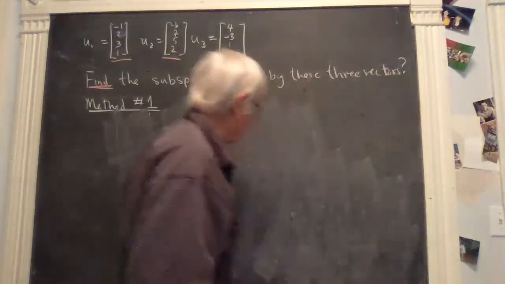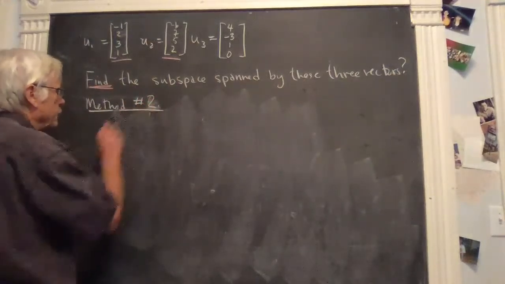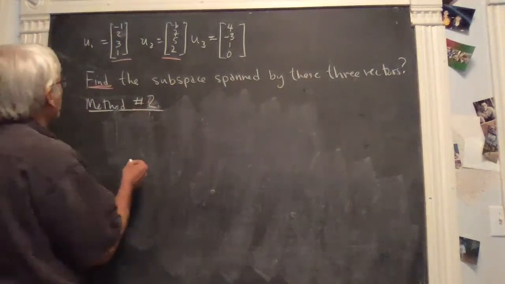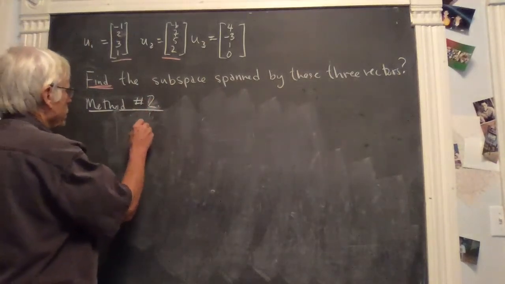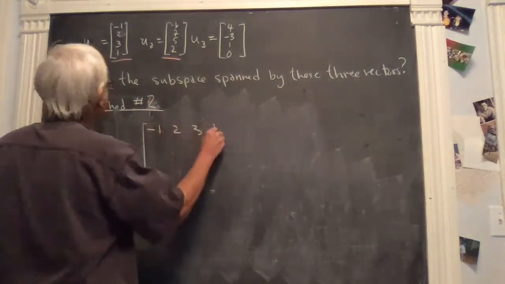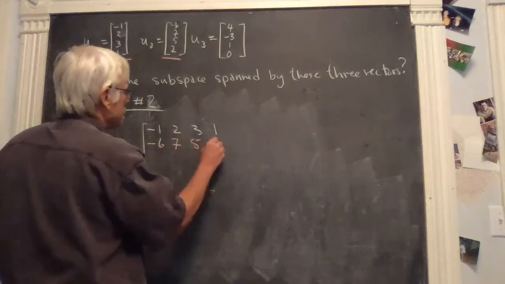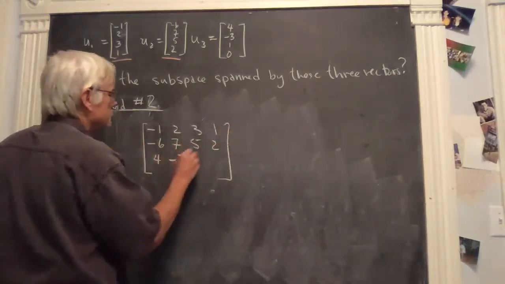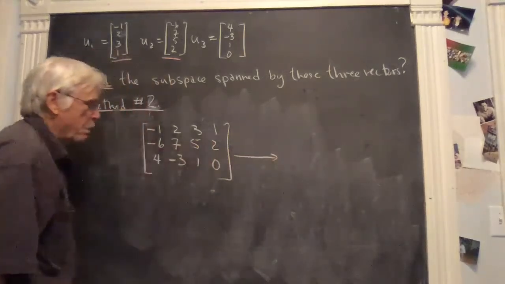There are many ways to do this problem, and we'll look at at least 3 of these methods during the course. So method 2, we're going to put these vectors not in the columns, but in the rows. And I'm going to row reduce again.